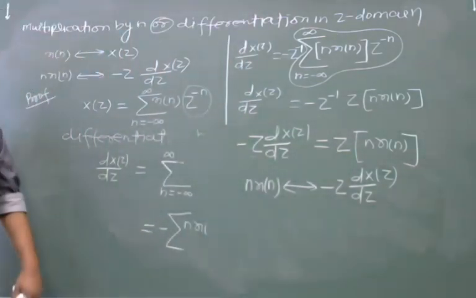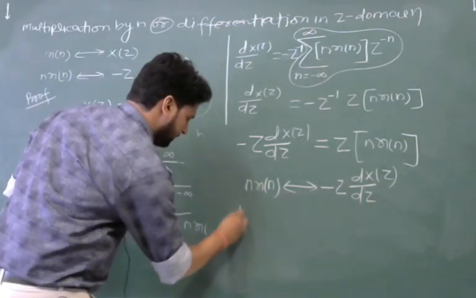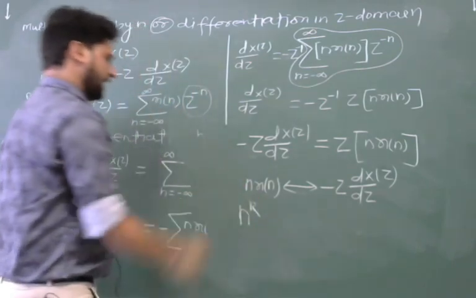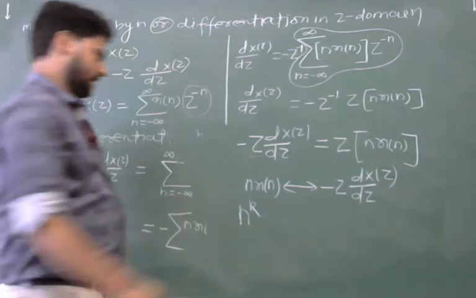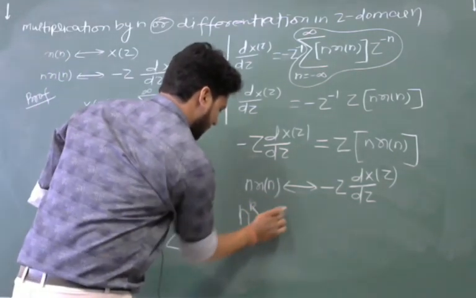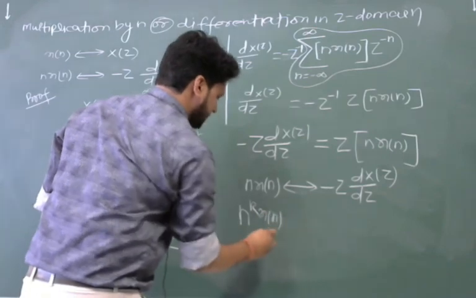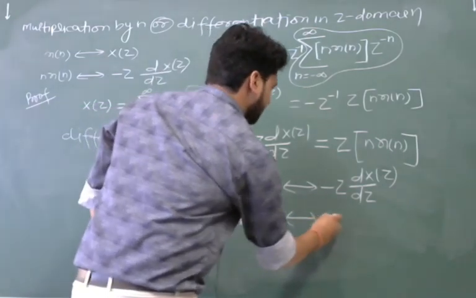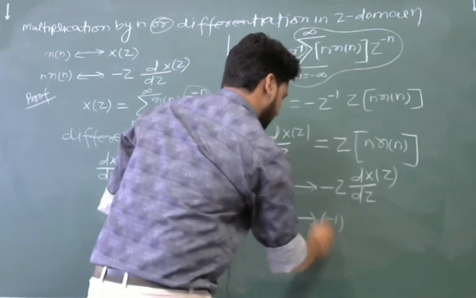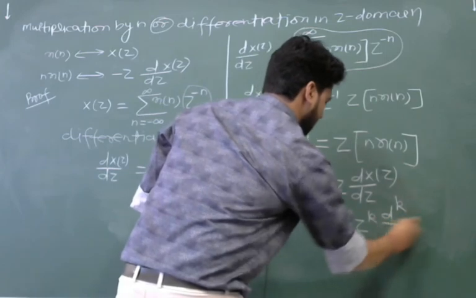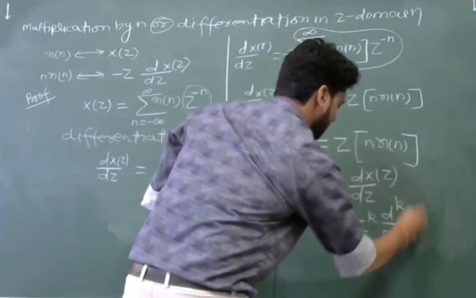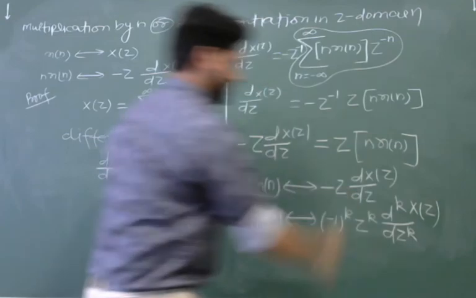As a general formula, if n is multiplied k times, means if I am multiplying the sequence by n power k, then its z transform of n power k into x of n will be equal to minus 1 power k into z power k into d power k by dz power k of x of z.